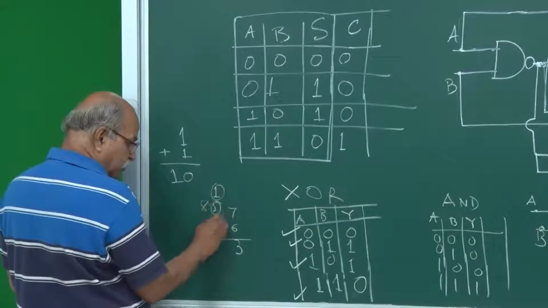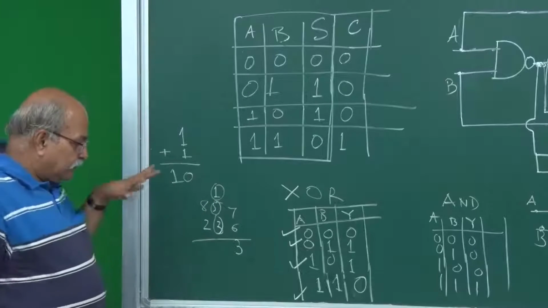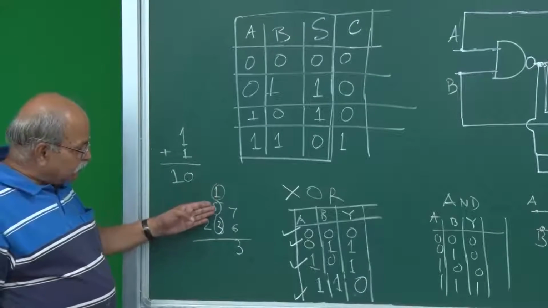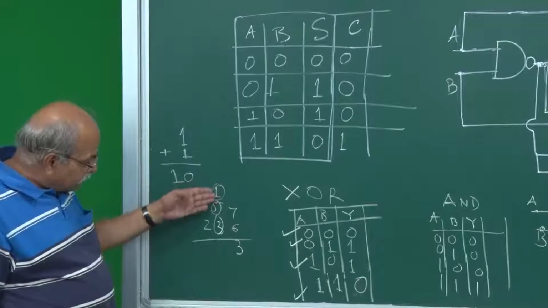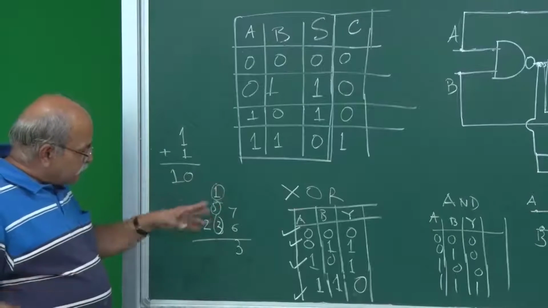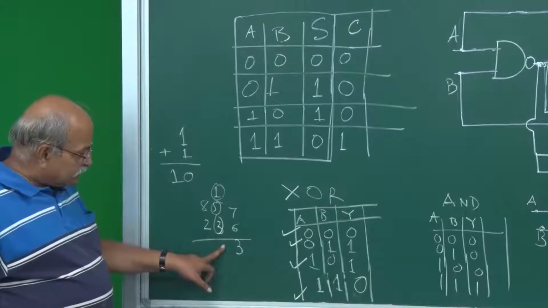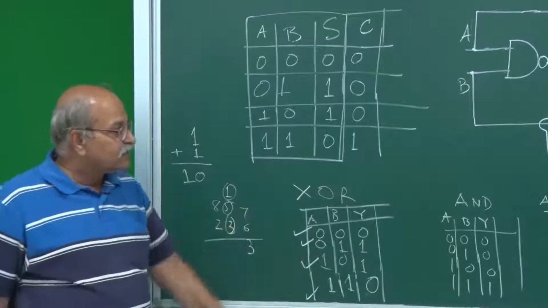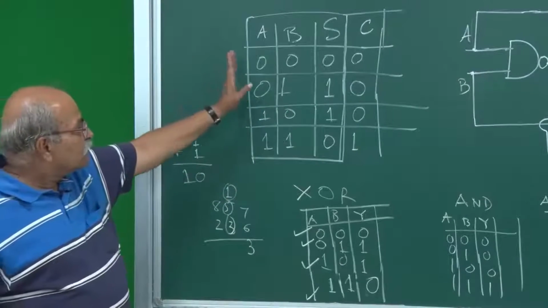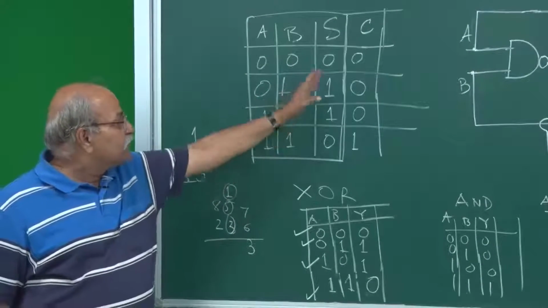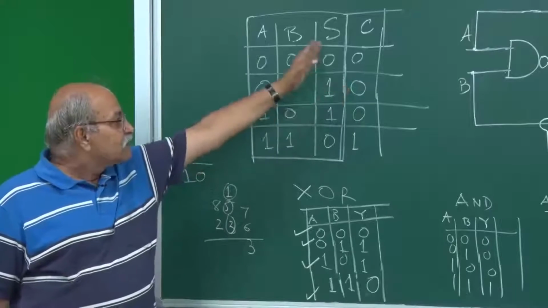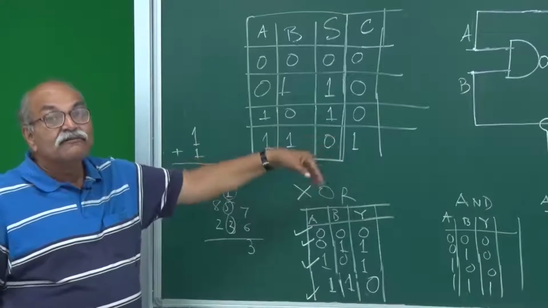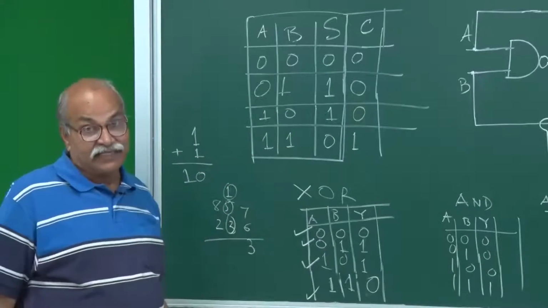Now, you have to add all these three. So, the full adder means there are three inputs A, B and C, and some operations are done, and then a sum is created and a carry is created. So, this is known as half adder circuit, and if I do a sum of 3 digits and then find what is the sum, what is the carry, then it is called full adder circuit.